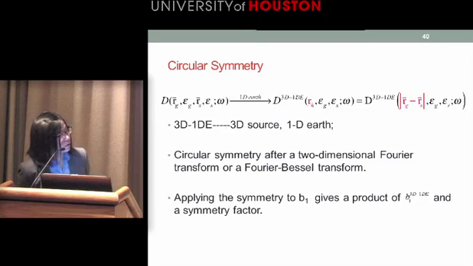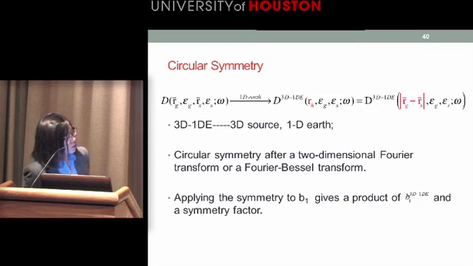Okay, we can see here the data only depends on the radial part of the difference between the receiver and the source locations, which is defined by RH here, and is independent of the angle of RH.